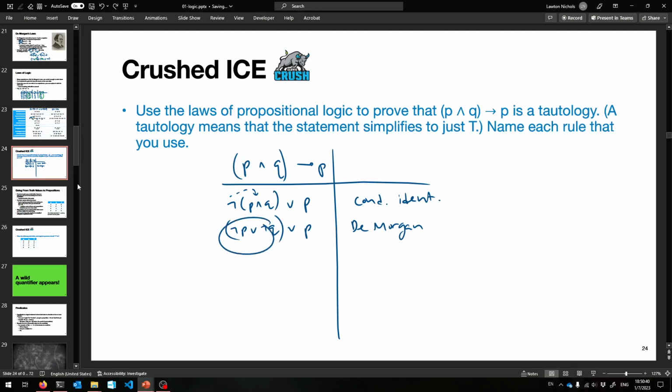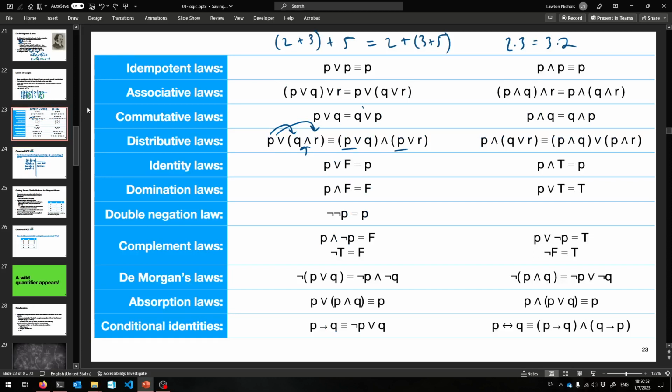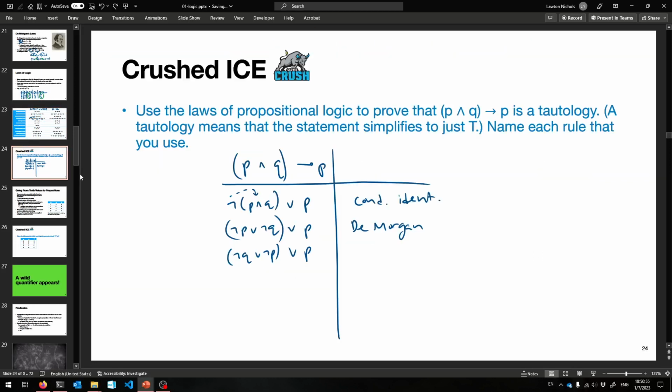Let's swap these things and make this not Q ORed with not P. It's kind of closer now. That was the commutative law of OR.